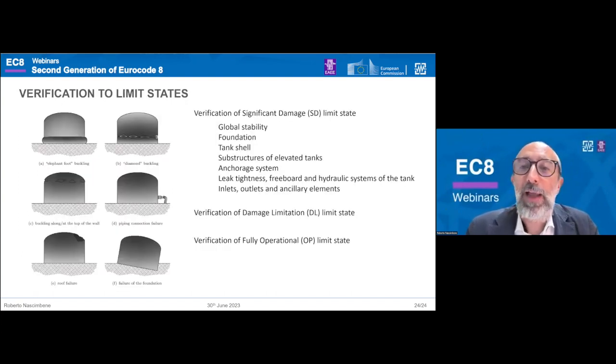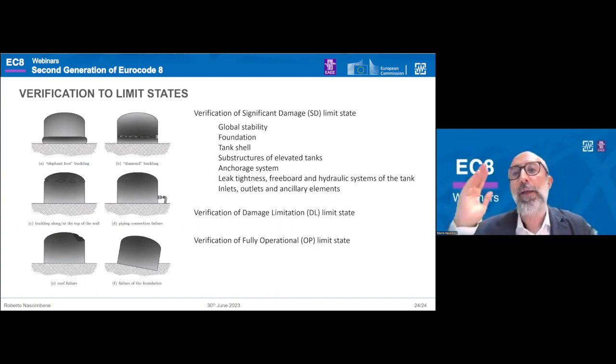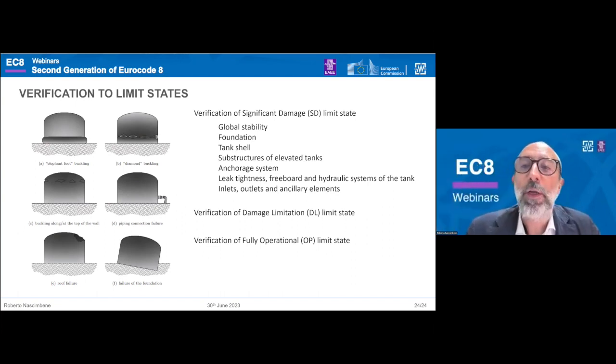And my last slide is only a summary that has been part of the general comment in the first part of the presentation of Christos: the verification of the significant damage that is going to be related to the global stability, foundation, tank shell. Please consider the problem of buckling. You know that for steel there's elastoplastic buckling, classically called elephant foot buckling, and elastic buckling called diamond buckling, referred to Eurocode 3, part 1.6 and part 4.2 related to tanks.